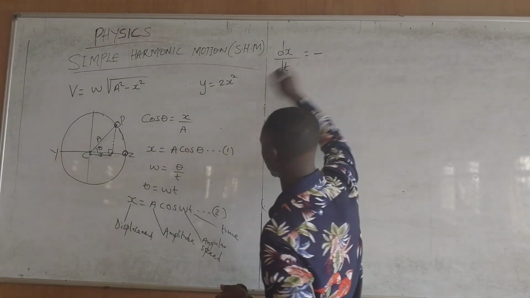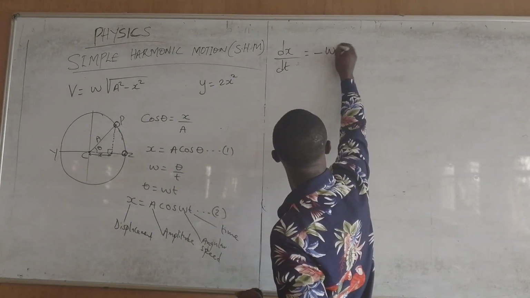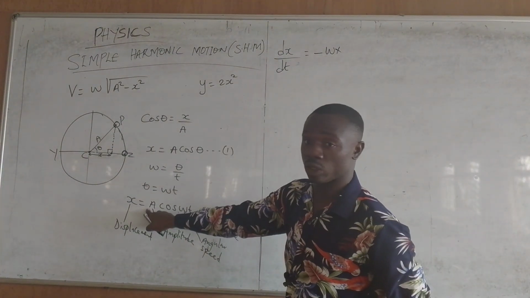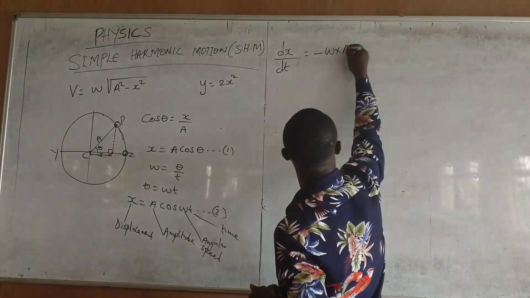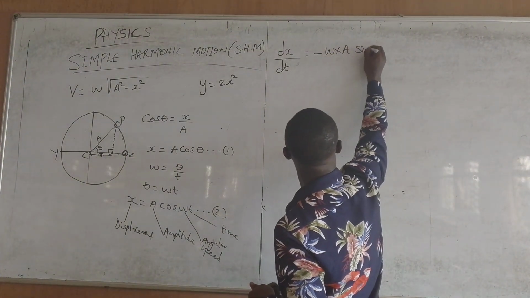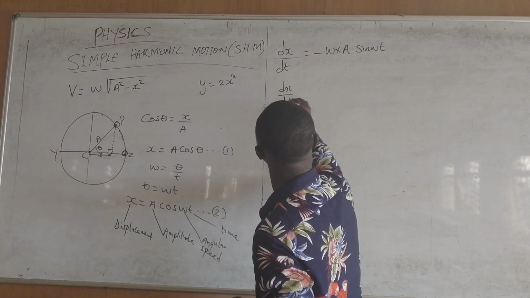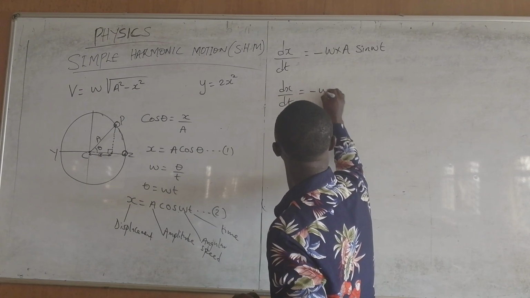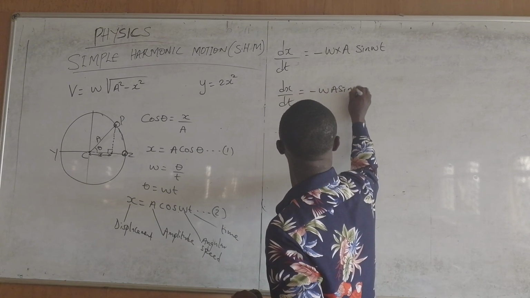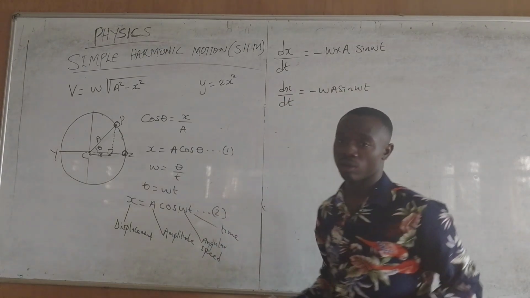So minus omega times A times sine omega t. So dx by dt will be equal to minus omega A sine omega t.